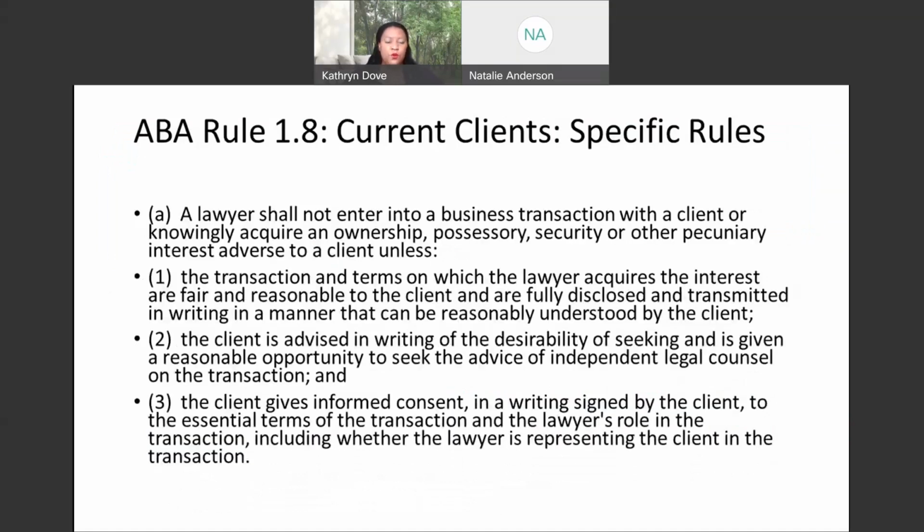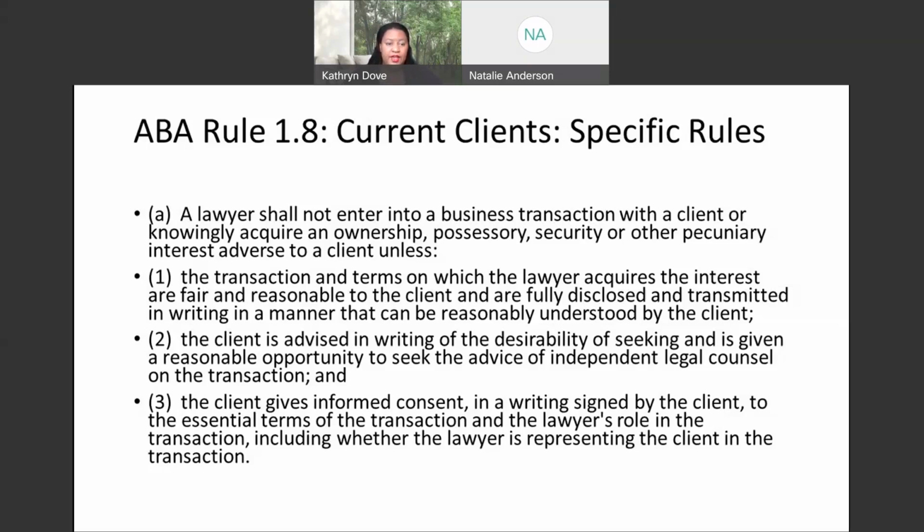So, Rule 1-8, current clients and transactions. Here are the rules. A lawyer shall not enter into a business transaction with a client or knowingly acquire an ownership, possessory, security, or other pecuniary interest adverse to the client unless the transaction and the terms on which the lawyer acquires the interest are fair and reasonable to the client and are fully disclosed and transmitted in writing in a manner that can reasonably be understood by the client.